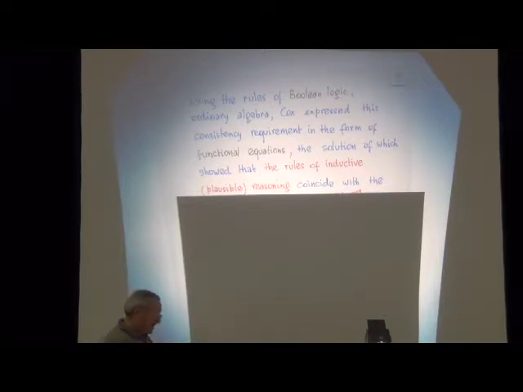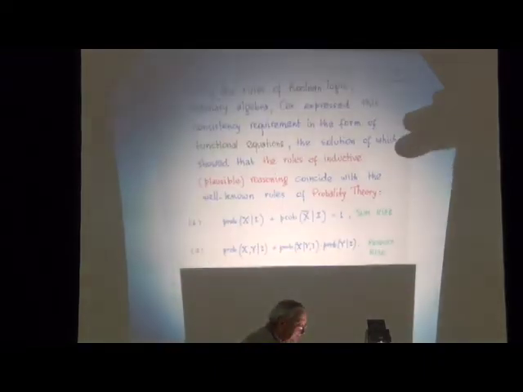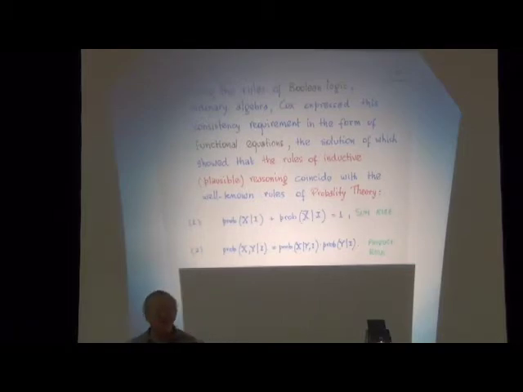And then he found that this consistency requirement led to functional equations, the solutions of which prove that there is only one unique way of making this best inference from the data, and that is the rules of probability theory. He found that ordinary probability theory has these rules.